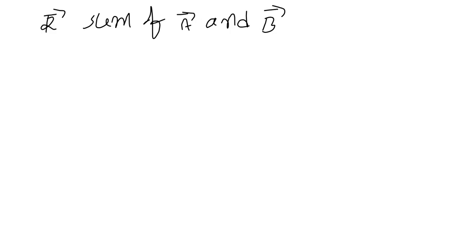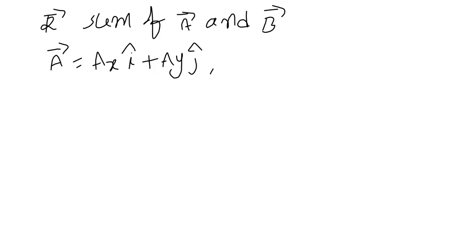R bar is a sum of two vectors, sum of A bar and B bar. A bar is equal to Ax i cap plus Ay j cap.